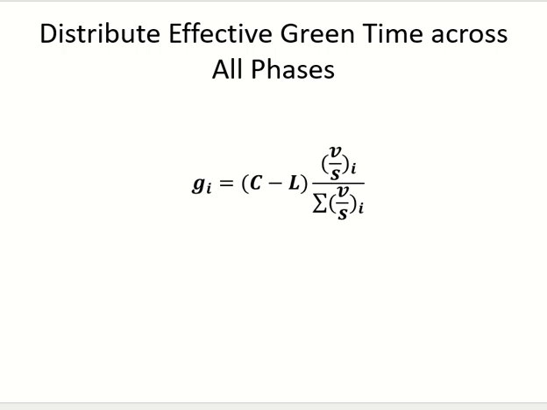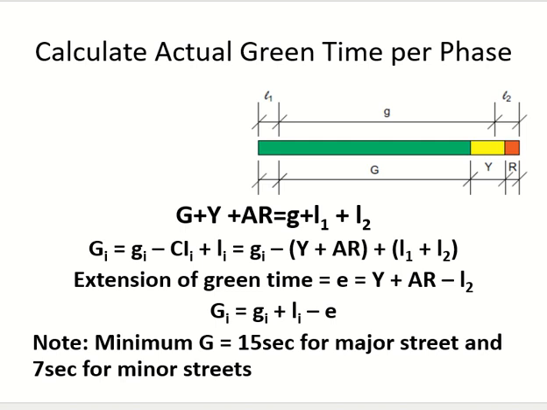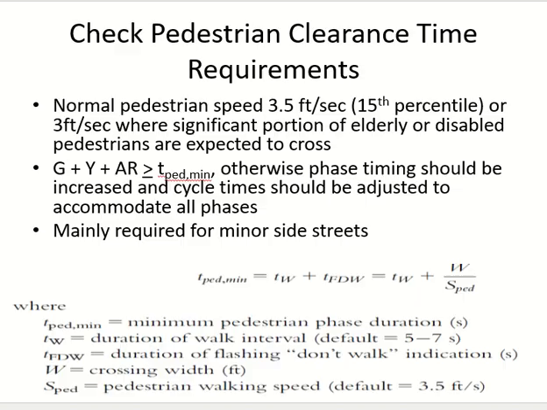The effective green time for each phase is the total effective green time multiplied by the V by S ratio of the phase, divided by the total V by S ratio. Once you know the effective green time, you can calculate the actual green time. We did up till this part.